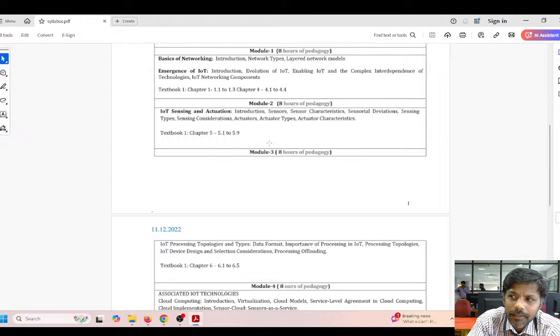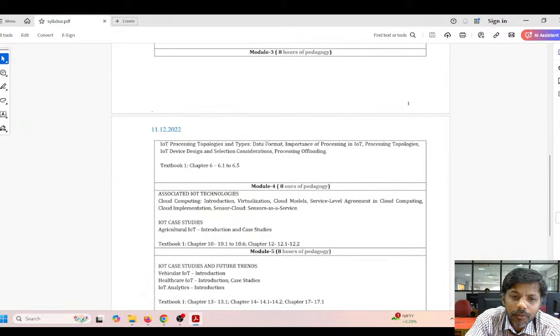So that is there in the module 2, that is the sensors, introduction to sensors and the types of sensors, characteristics of sensors. And basically we are going to study about the working principle of all the different types of sensors, and also the actuators. Basically it will be the relays, motors, all the moving components will be called as actuators. So actuator types, working principles, and the characteristics, these all we are going to discuss in the module 2.